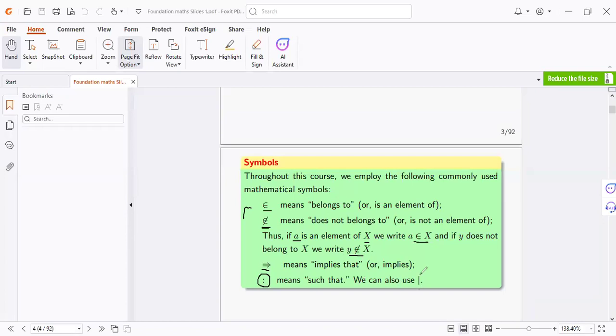Sometimes I also use this one to mean such that, and sometimes I'll be using it to mean divides. For instance, I can say 9 divides 18. So those are the two ways I'll be using that symbol, but as we progress, you'll know what it means. If it means implies, you'll say that, and if it means division, you also know that.